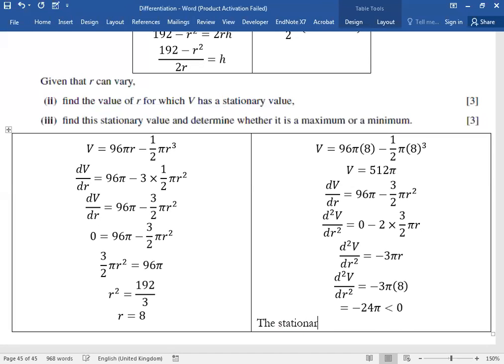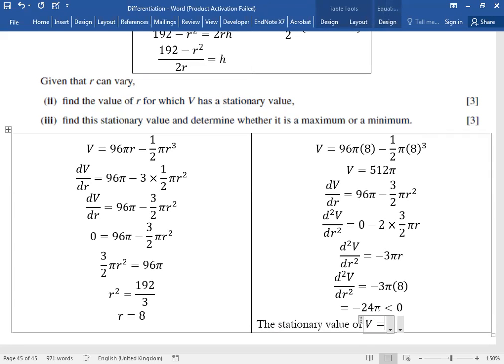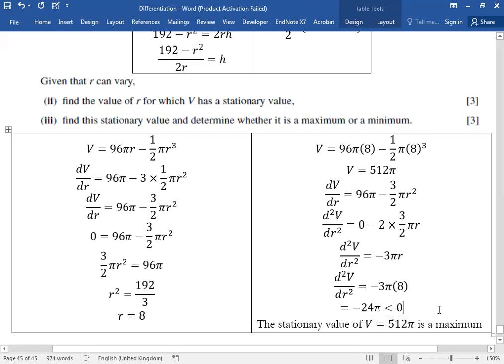So the stationary value of v, which is 512 pi, is a maximum. Is this clear?